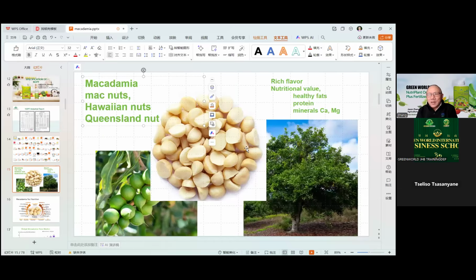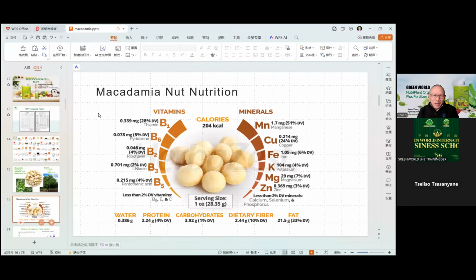They taste very good. I like them. A lot of nutrients, all kinds of nutrients. I think all nuts have all kinds of nutrients. I like all nuts, especially as my snack. It's my favorite snack.